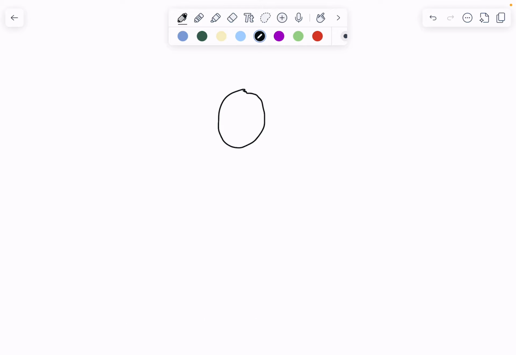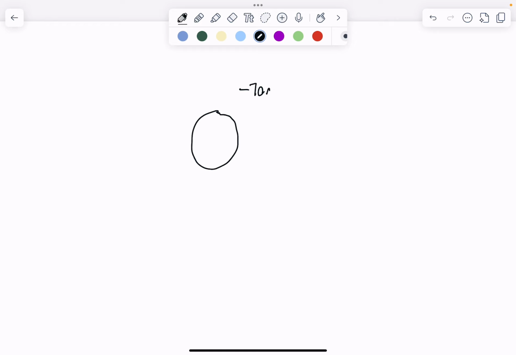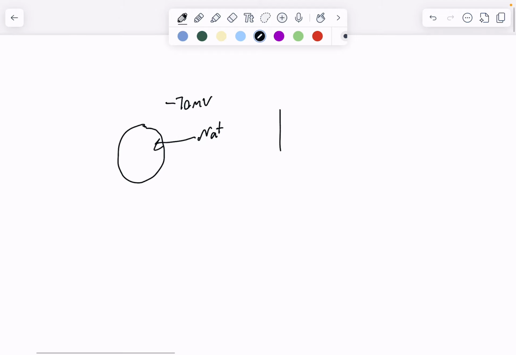the myocardial cell, and on the inside of the cell it's going to be negative 70 millivolts. And in order for a depolarization to happen, sodium has to rush into the cell to get it to a threshold.